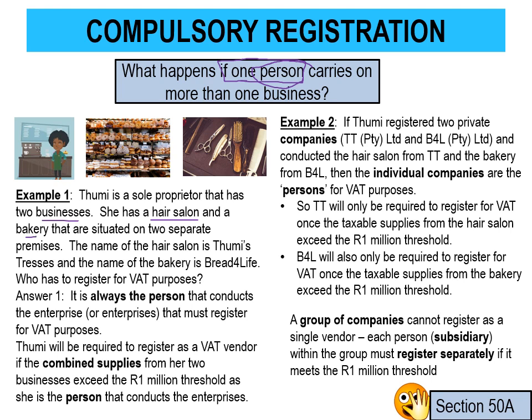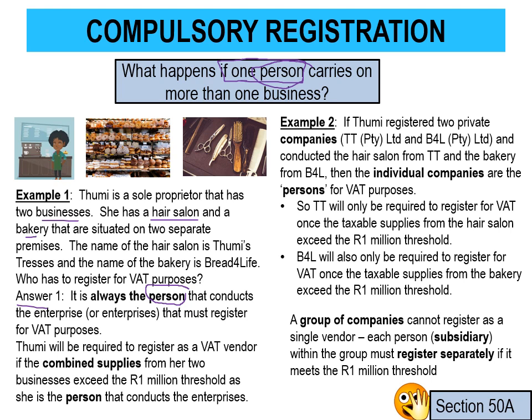And then the question is, who has to register for VAT purposes? Is the hair salon going to be registered separately? Is the bakery going to be registered separately? Or is Tumi going to be the one that registers? And your answer is that it's always the person that conducts the enterprise, or the enterprises, the businesses, that must register for VAT purposes.